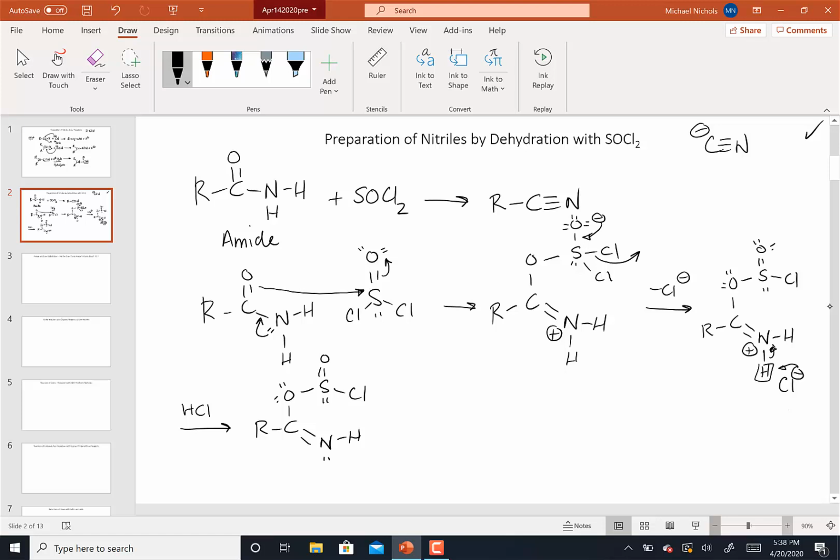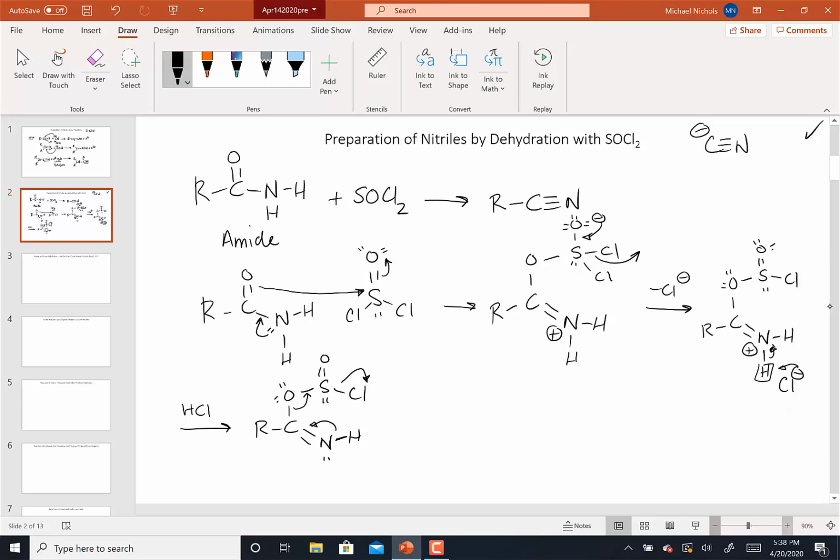Now, in the final step, what's going to happen is that I'm going to end up losing this H plus from the nitrogen bond, so I'm going to end up forming the triple bond. The O-S bond is going to break and go to form an S=O double bond, and the chlorine here is going to leave.